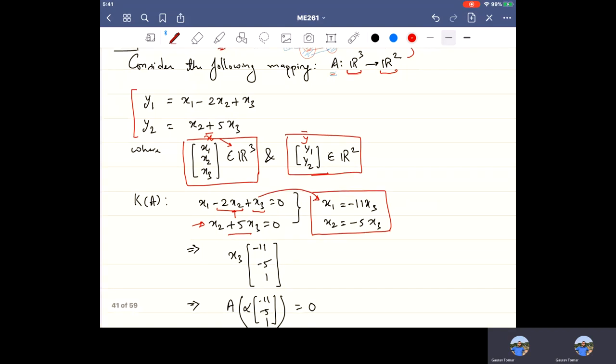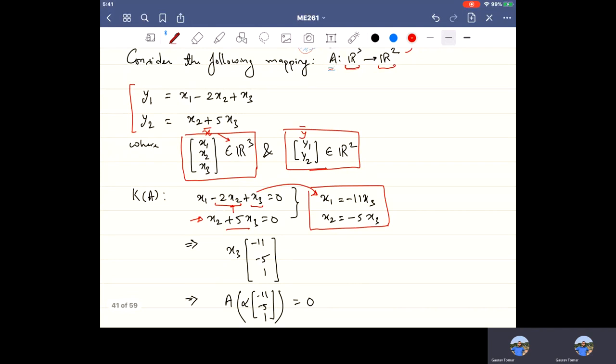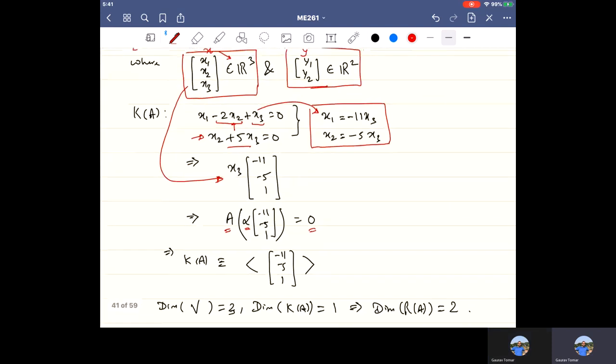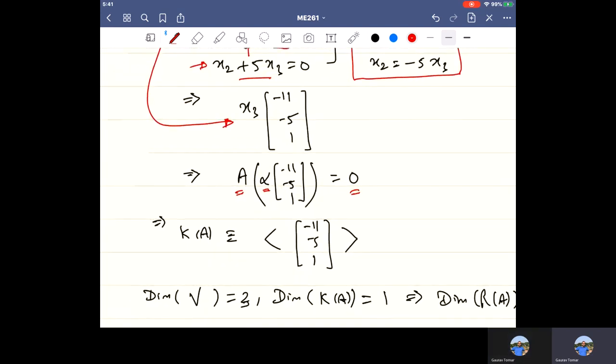So you can write this vector x1, x2, x3 in this form: x3 times minus 11, minus 5, 1, and you can choose any value of this x3. So you can say alpha times this vector. If you look at the mapping, it will give you a 0, correct? That means the kernel space of A is essentially the span of the vector minus 11, minus 5 and 1.